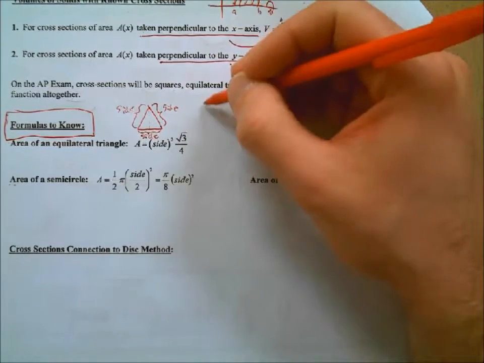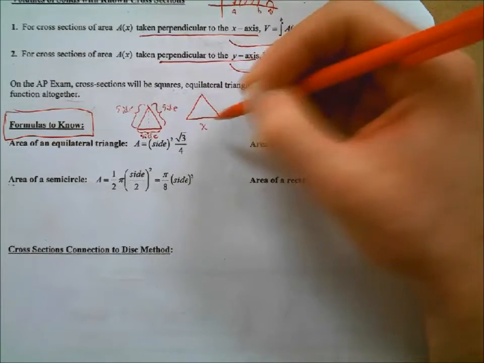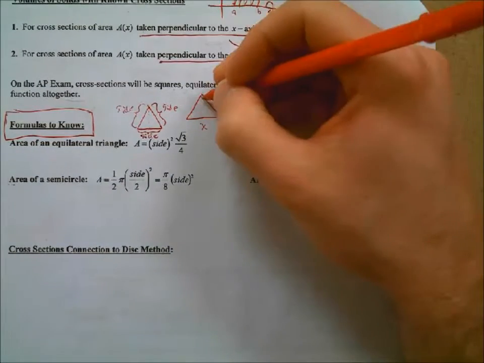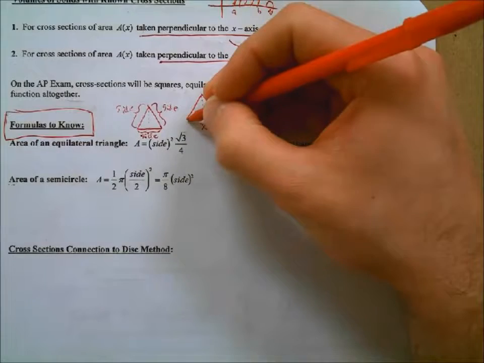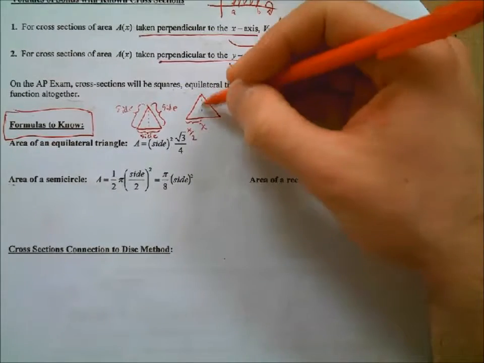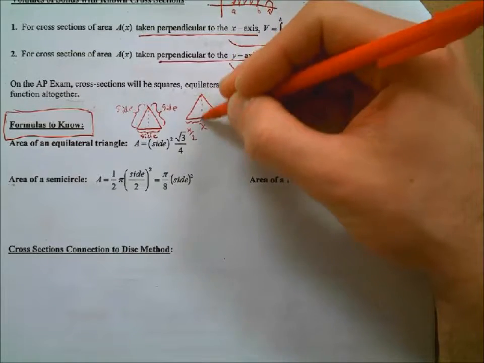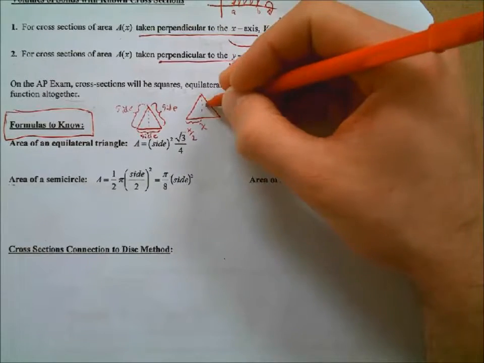If we say that this is x units long, then this right here will be x over 2. And this is the side opposite the 60-degree angle, so that's going to be √3 times x over 2. So the height will be √3x over 2.